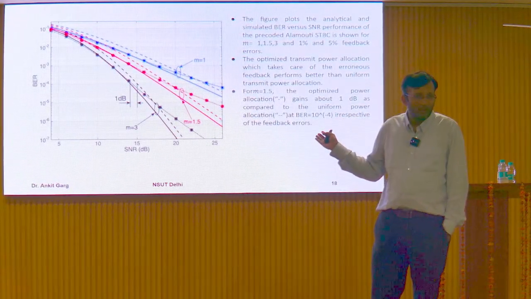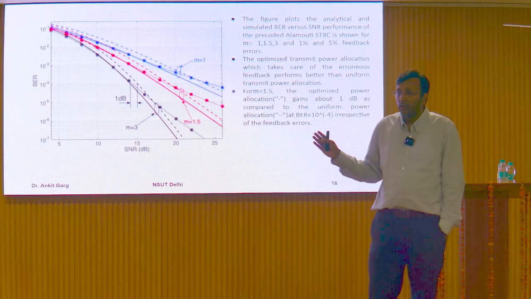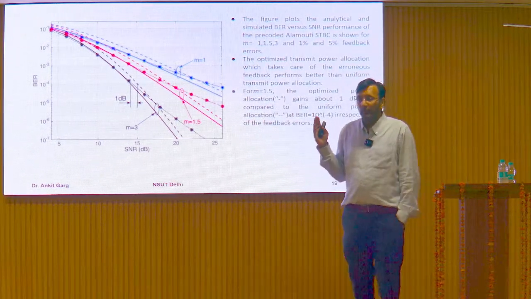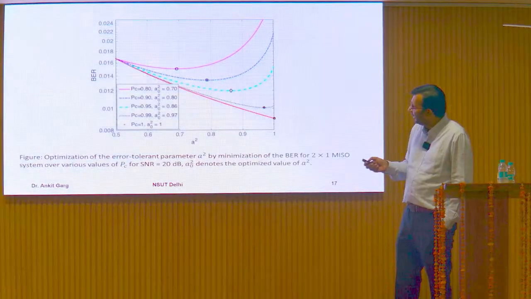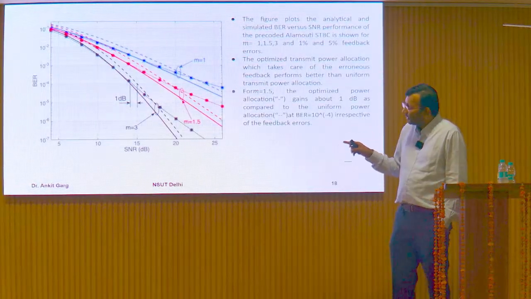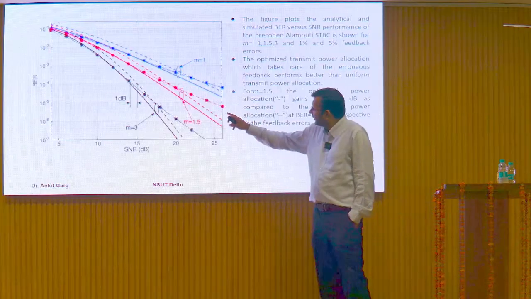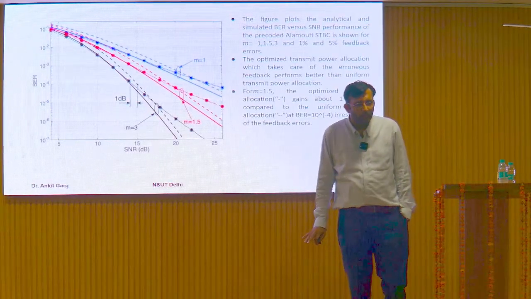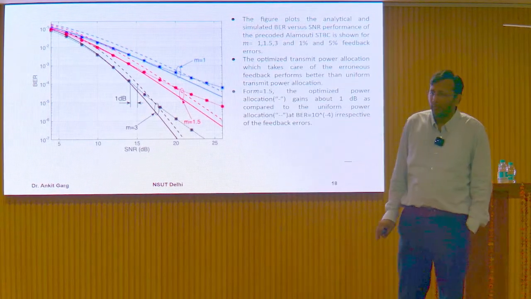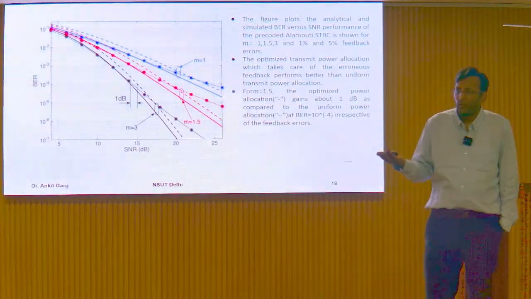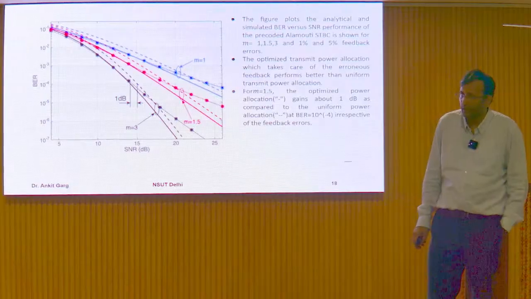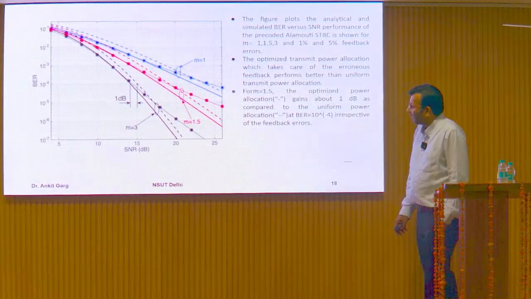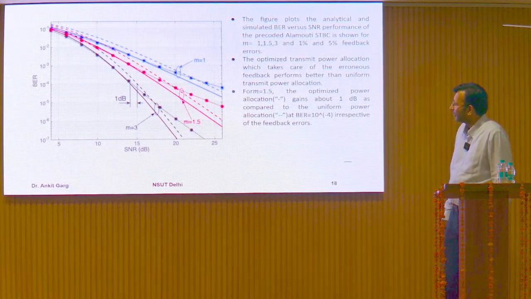So it loses the diversity order, right? Because it chooses the wrong antenna. Instead of that, if we use the optimum power allocation using these values, we would get a higher diversity order and more coding gain in comparison to the equal power allocation, right? This phenomenon of feedback is quite useful in financial signal processing as well, through which we can optimize our system as per our performance metric.